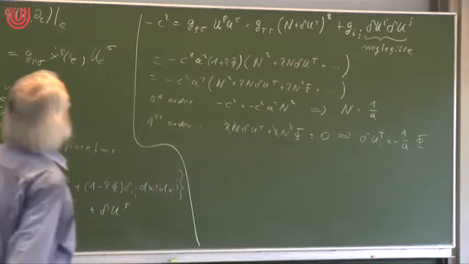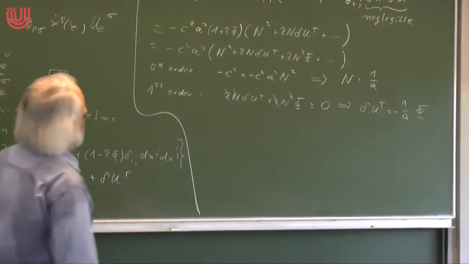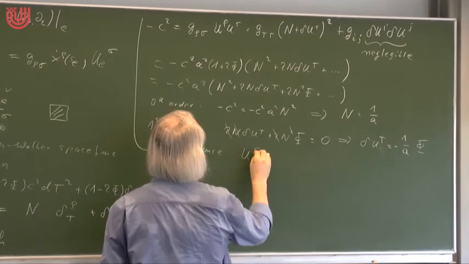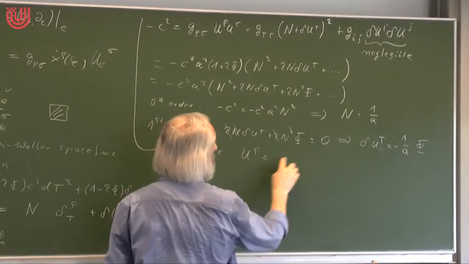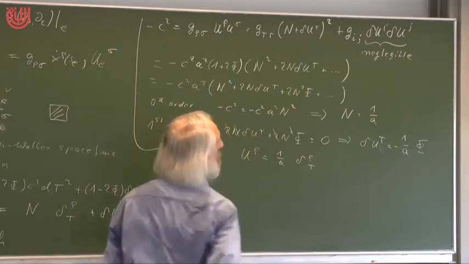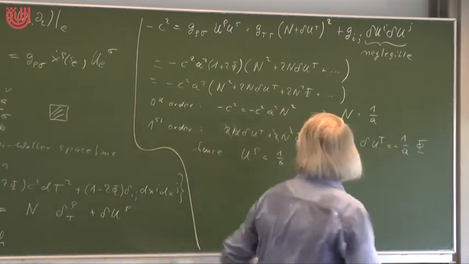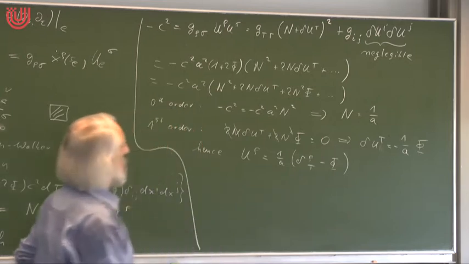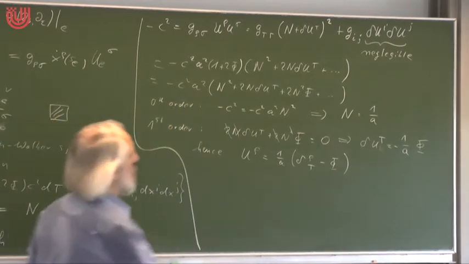That's it, right? So our time-like vector field is u^rho is n times Kronecker, and n is 1 over a, delta rho t, minus 1 over a phi. That's our vector field.